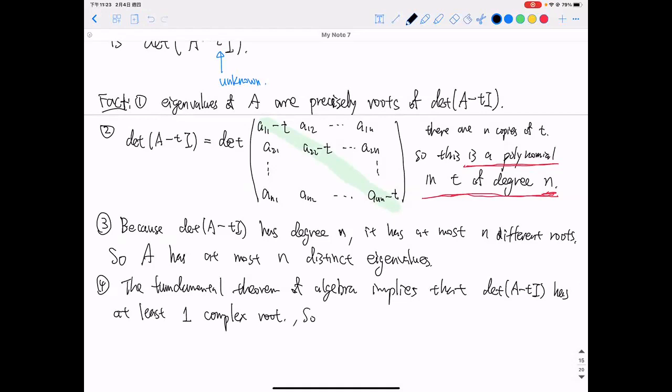So A has at least one complex eigenvalue.